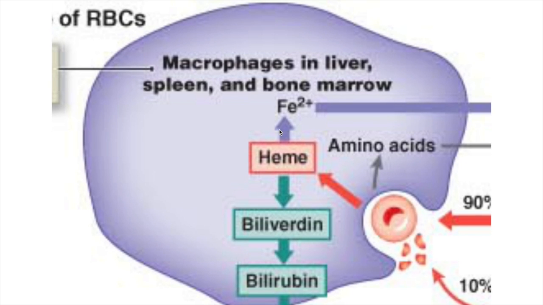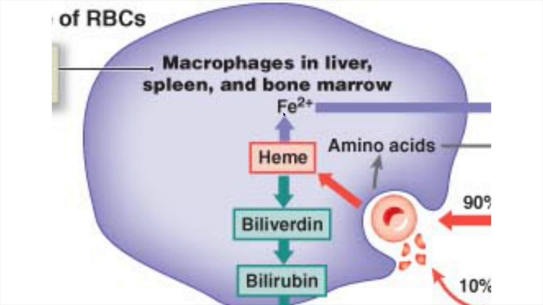And then the broken down blood cells, after that 120 days, they start to die. They are engulfed by macrophages and they're recycled. And the globin part is broken down into amino acids, and those can be reused to make new proteins. The heme is converted into bilirubin.